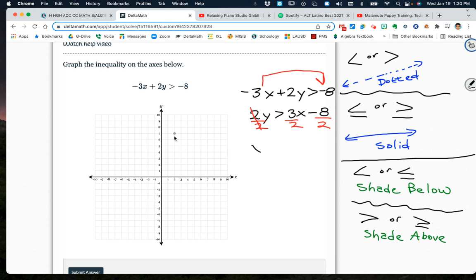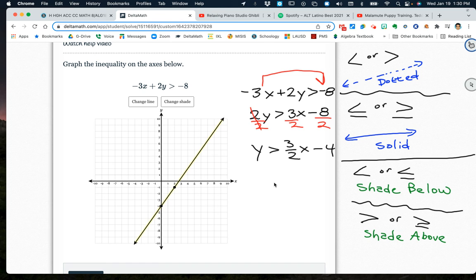And so y, we don't have to switch the inequality. 3 over 2 x minus 4. Okay, so let's see, negative 4, up 3 over 2.